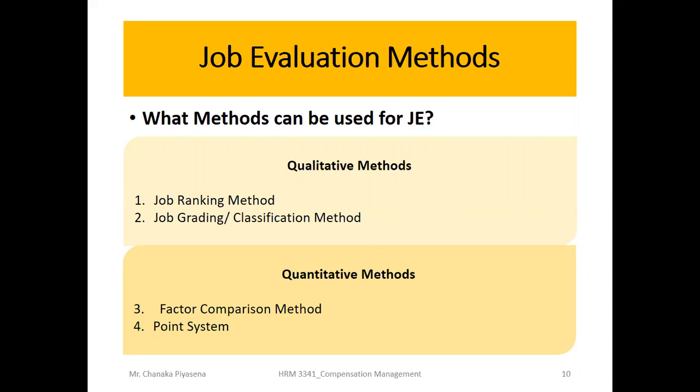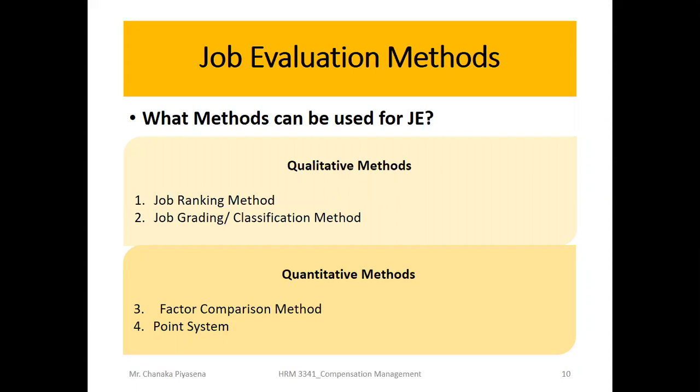In here also, there are qualitative methods and quantitative methods. How can you differentiate these two? Be careful. Qualitative methods sometimes use numbers, sometimes may not use numbers. Numbers are not essential for the qualitative. But in quantitative methods, numeric analytics are a very important, significant part. They play a very important role in the job evaluation. But in qualitative methods, numbers may not play a significant role.